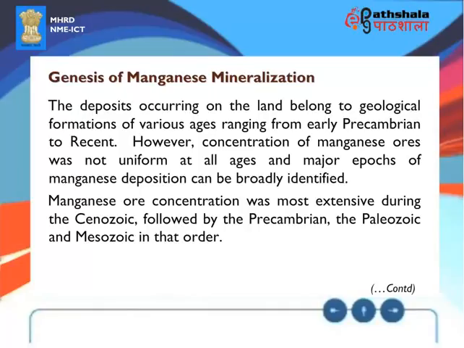However, concentration of manganese ores was not uniform at all ages, and major epochs of manganese deposition can be broadly identified. Manganese ore concentration was most extensive during Cenozoic, followed by the Precambrian, the Paleozoic, and Mesozoic in that order.